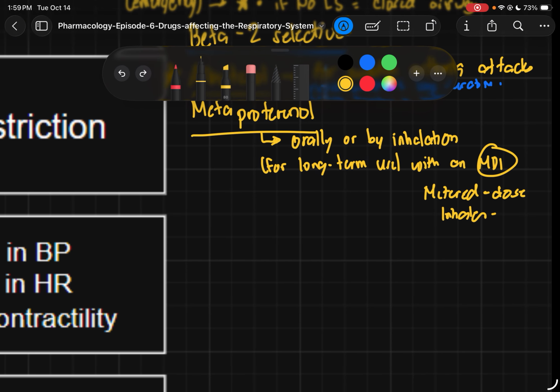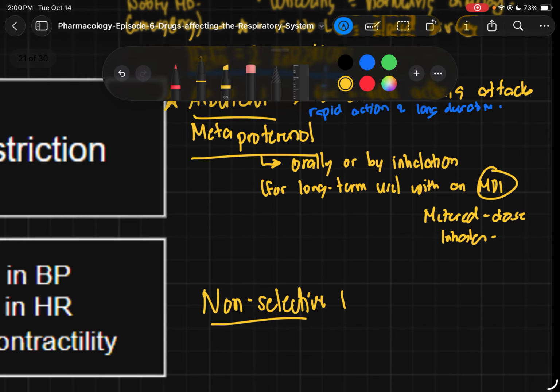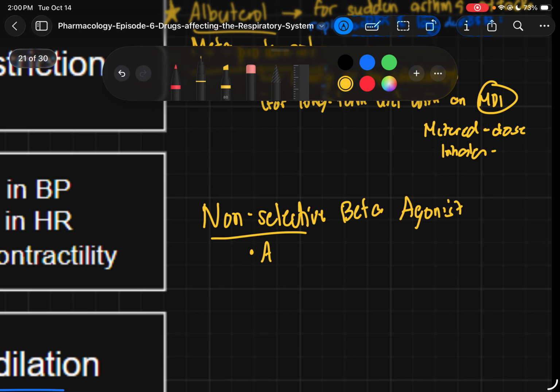However, class, we also have what we call our non-selective beta agonists. When we say non-selective, they will activate both beta-1 and beta-2.